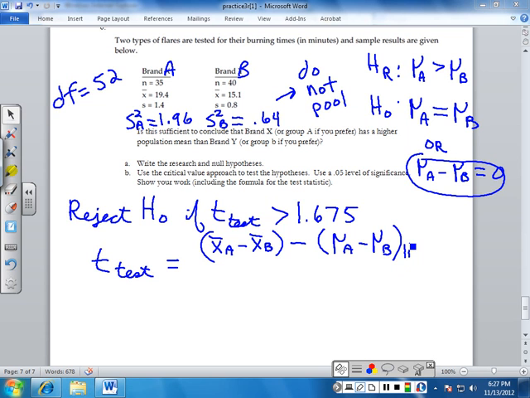But that's always going to be 0 in that second part. And then divided by the standard error, which is the square root of S squared A over NA plus S squared B over NB. And if you want to, you can calculate that whole number off to the side before you do this.